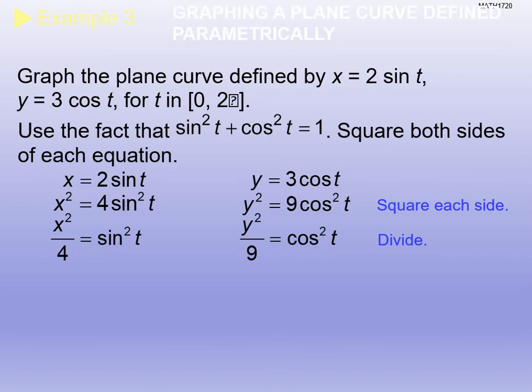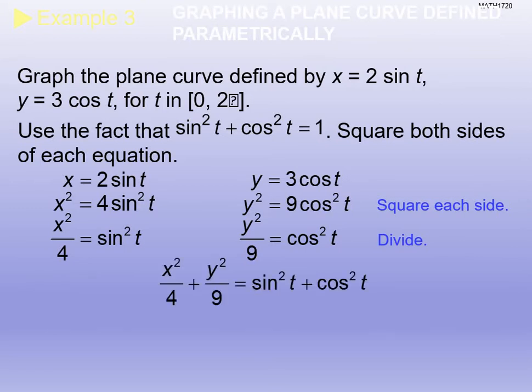If we solve for sine squared t, we get x squared over 4. If we solve for cosine squared t, we get y squared over 9. So this is a good technique for us now that we can actually write the circular piece for this. So we're going to substitute back into the Pythagorean identity here because we know that sine squared plus cosine squared equals 1.